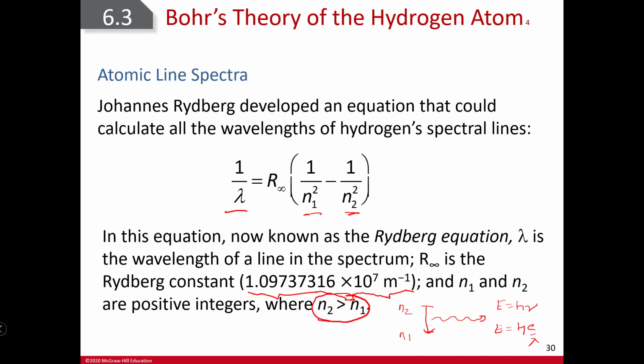But I'm not going to test you on this. I don't think it's that important. Why I think this is important is it shows a simple equation that describes a physical phenomena such as lines in a hydrogen atom. Those lines represent energy transitions.